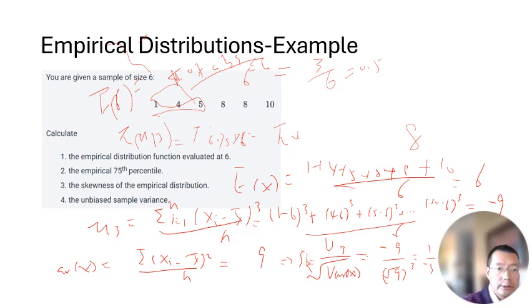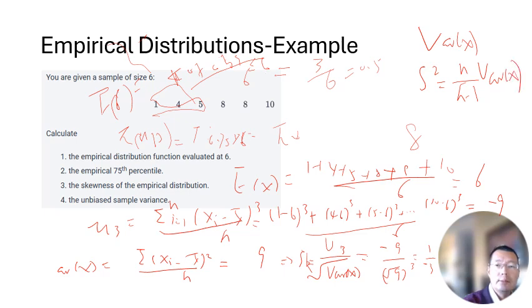The last question is asking for the unbiased sample variance. So we already calculated the variance Var(X), and the unbiased s squared is easiest to get just using the formula, because they are similar calculations.